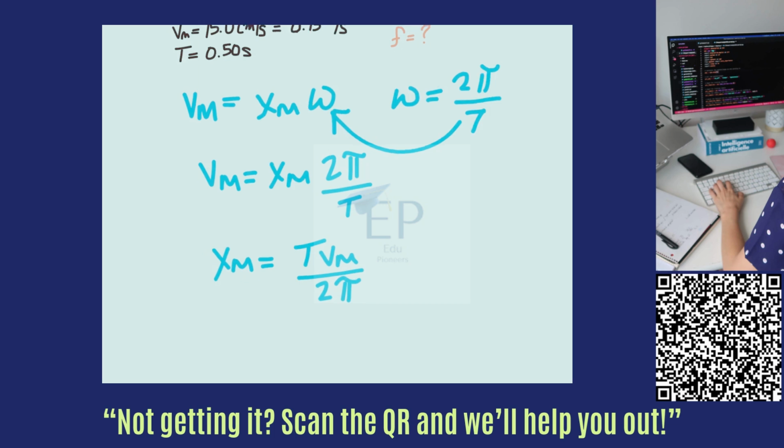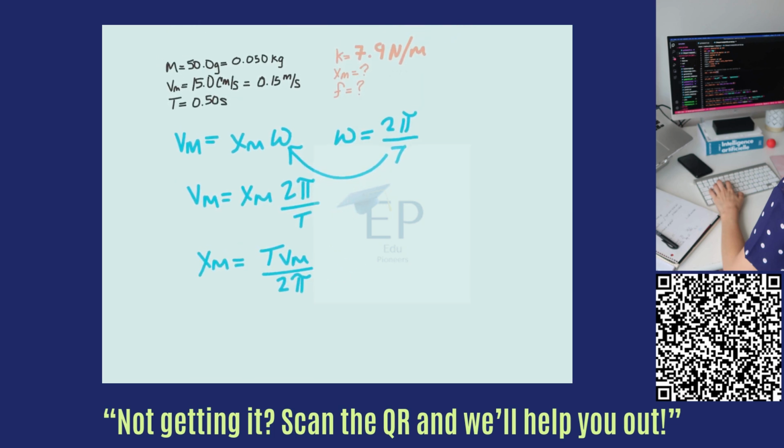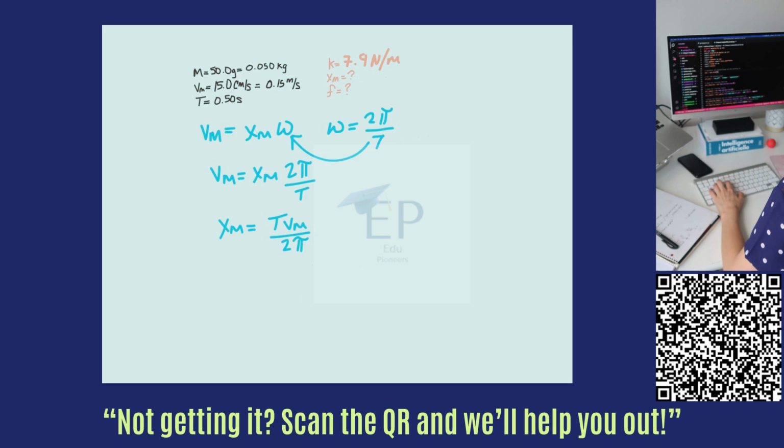And now, once again, we're just going to substitute in those values. So we're going to have xm equals our period, which is 0.5 seconds, times our velocity, which is 15 centimeters per second, but we're going to convert that to meters, so 0.15 meters per second, and divide that by 2 pi.